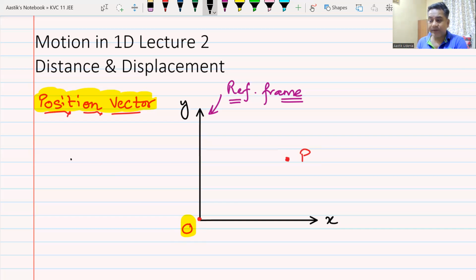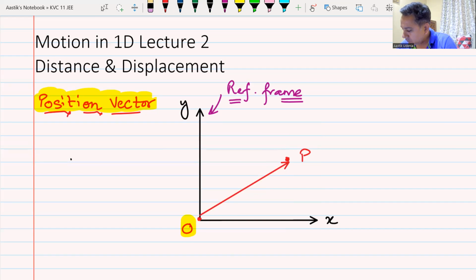Now, I have a reference frame and I have an origin. Tell me, what do you mean by position vector? It's a vector that is going to give us the position of this point. I'll just draw it with my own hands.